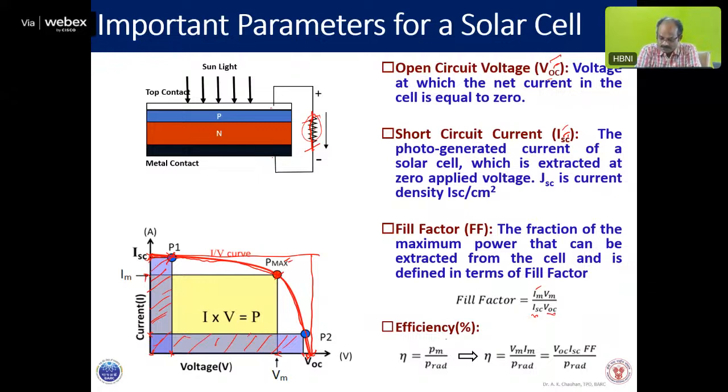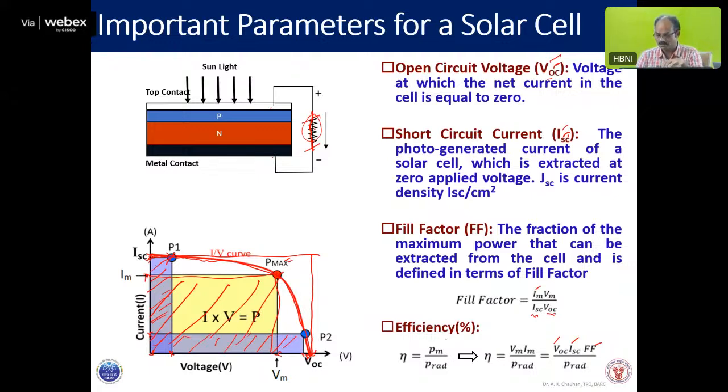And then next comes the efficiency. Efficiency is the maximum power which can be obtained from a solar cell relative to the input power, that is the irradiated power. So it comes VOC into ISC into fill factor. VOC into ISC into fill factor will give you this area. This area is divided by the power which is being illuminated on the solar cell.